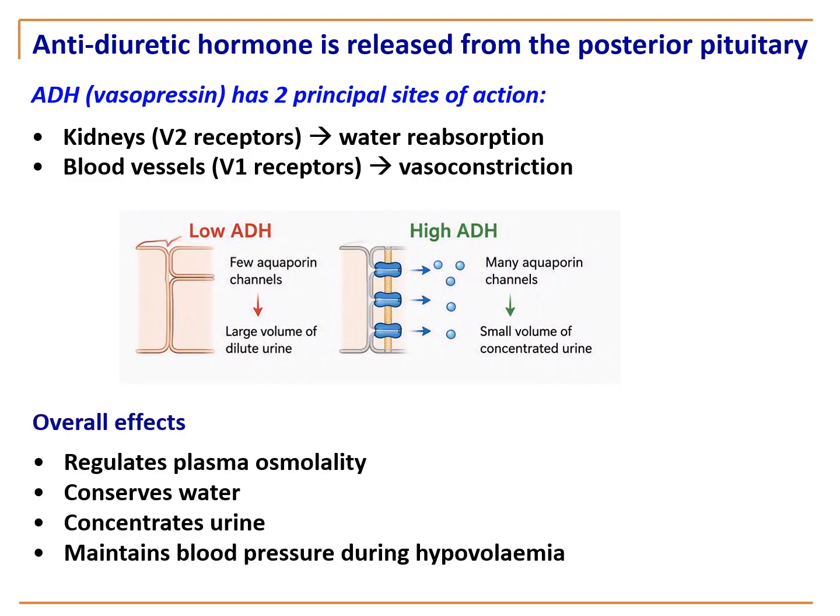The overall effects of ADH: it helps to regulate plasma osmolarity, which is what it's doing day to day, by conserving water and concentrating the urine as necessary. During hypovolemia, it helps to maintain blood pressure, first by triggering the V2 receptors, so water reabsorption, and secondly, at higher levels, by triggering the V1 receptors, leading to vasoconstriction and hence an increase in blood pressure.